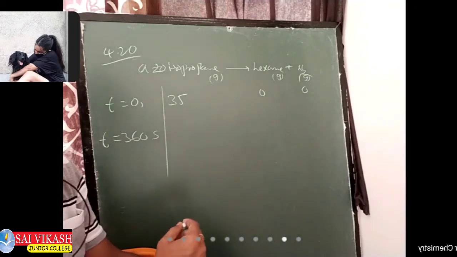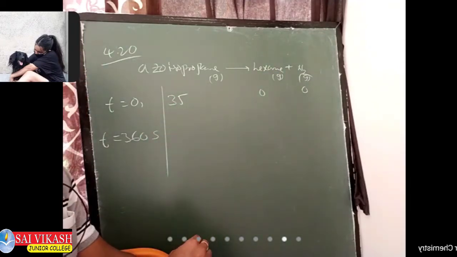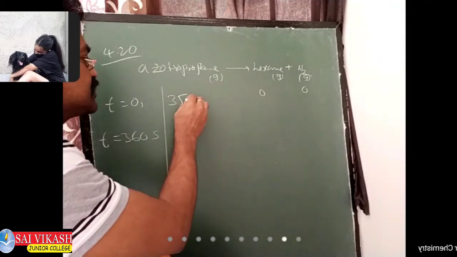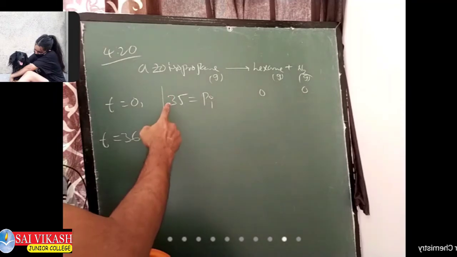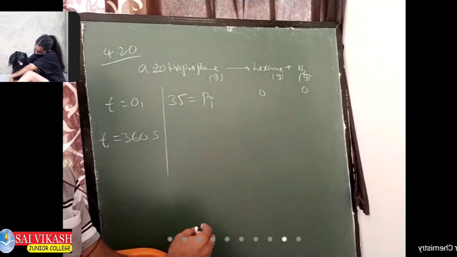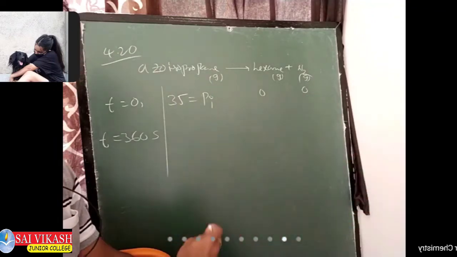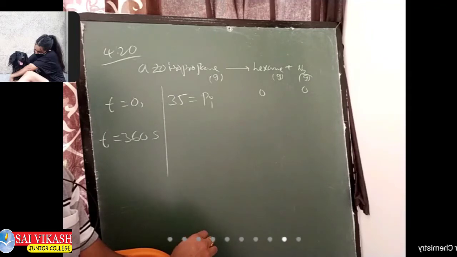It means how much is lost from this we don't know. What I am taking is 35 as the initial pressure. Initial 35 equals Pi, the initial pressure. Final pressure we don't know. But total pressure we know. And how much is gone also we don't know.